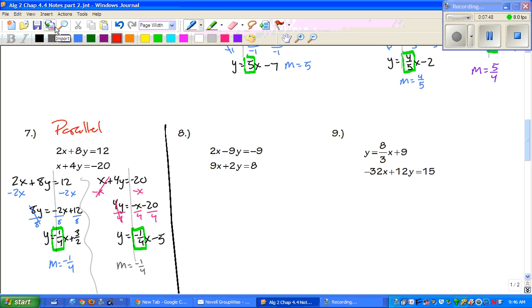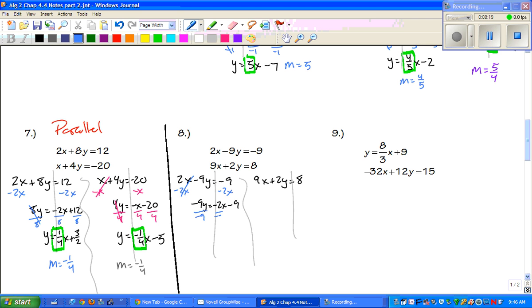All right, let's do the next one together. We have to solve for both of these, and the second one is 9x plus 2y equals 8. Let's start on the left. We have to subtract 2x from both sides. We get negative 9y equals negative 2x minus 9.